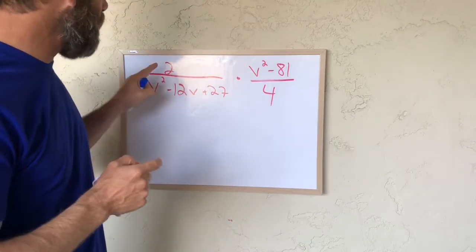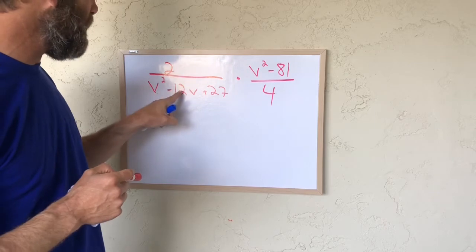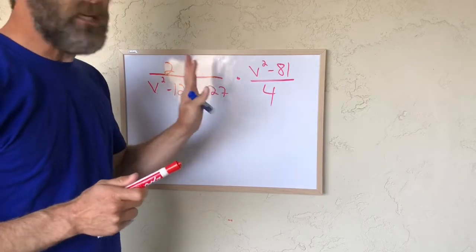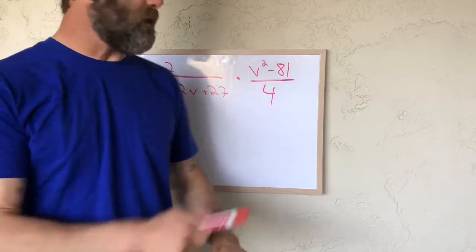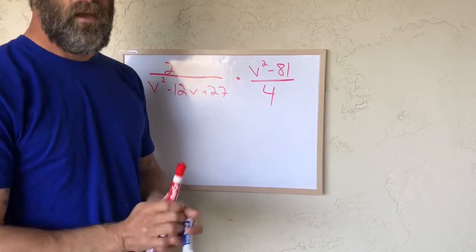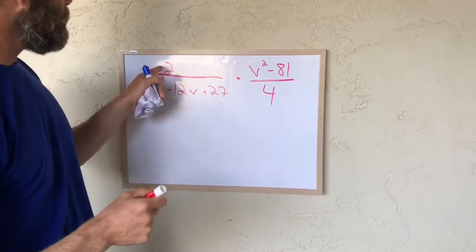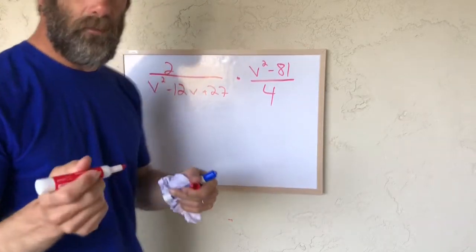Some students will say, okay, 2 goes in the 12, so I can cancel out 2 and a 12 to give me 1 and a negative 6. That's incorrect. You cannot just start canceling chunks of it without doing it to the whole thing. If 2 went into all 3 of these, yes, you could do that, but you can't just divide it into one specific thing.